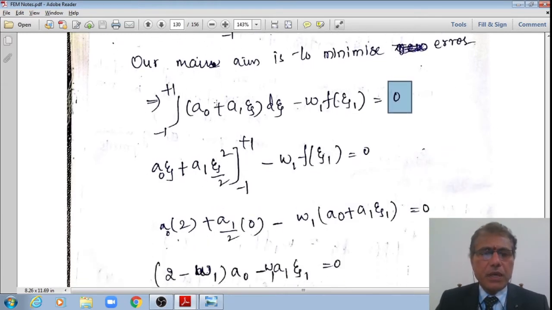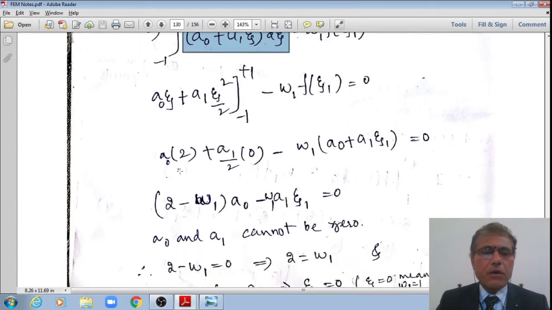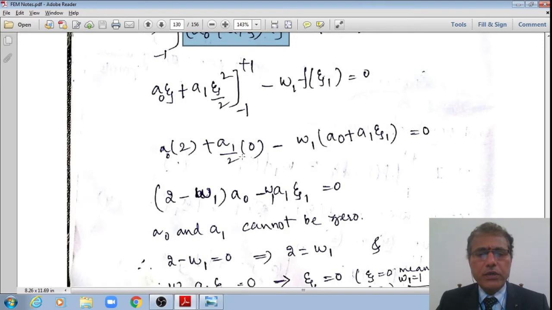Then I'll integrate and substitute the lower bound and upper bound in this function. Then it will become a0 xi plus a1 xi square by 2 from minus 1 to plus 1, minus w1 f of xi1. Upon substitution of lower bound and upper bound, now I'll get a0 multiplied by 2, a1 by 2 multiplied by 0, minus w1 times (a0 plus a1 xi1), is equal to 0.